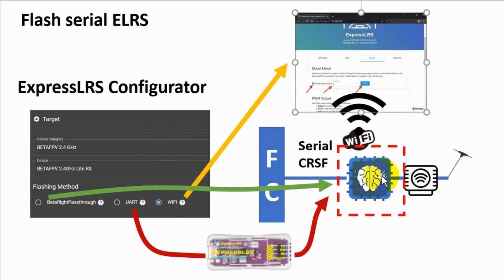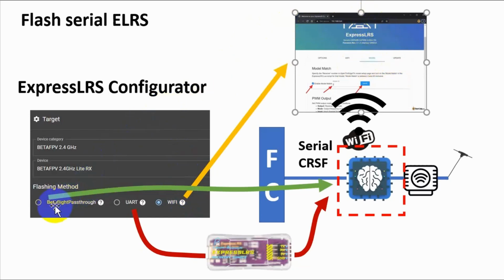And one of the benefits is that if you don't have Wi-Fi on your PC, then you can copy this binary file to your mobile phone that probably has Wi-Fi and connect to this web interface from your mobile phone.